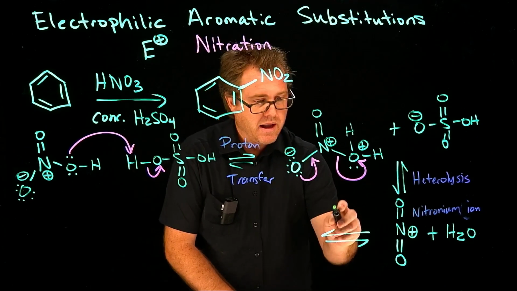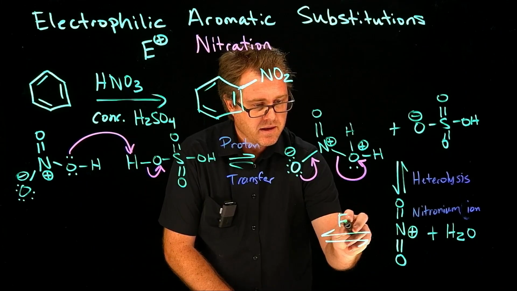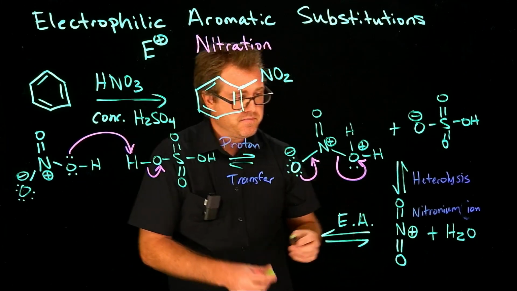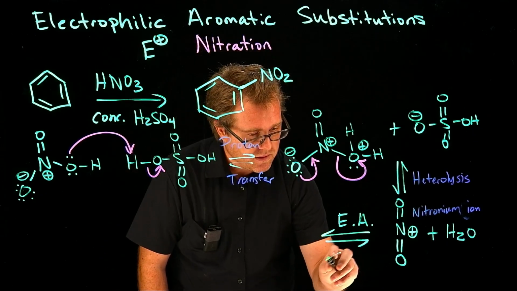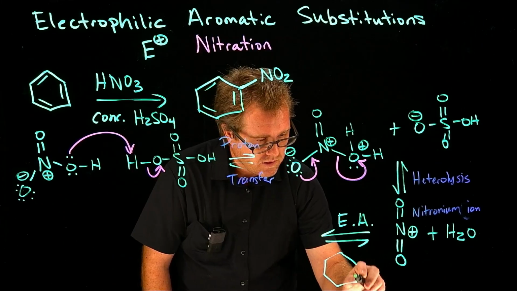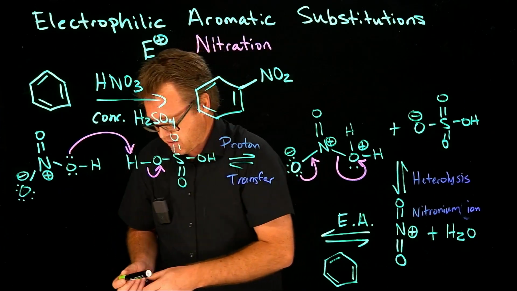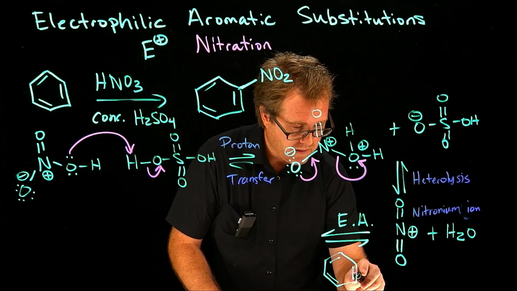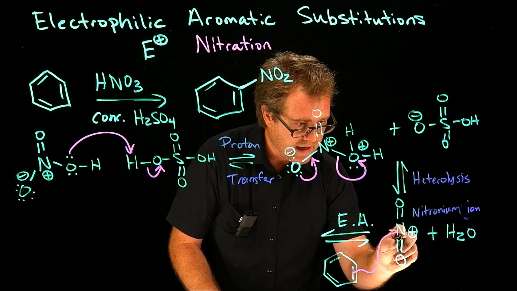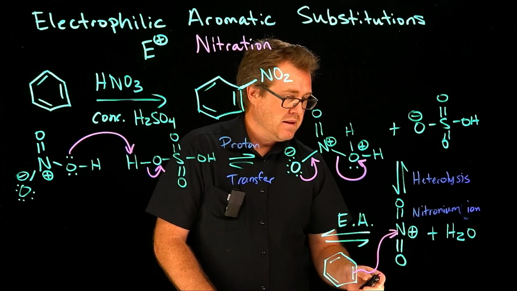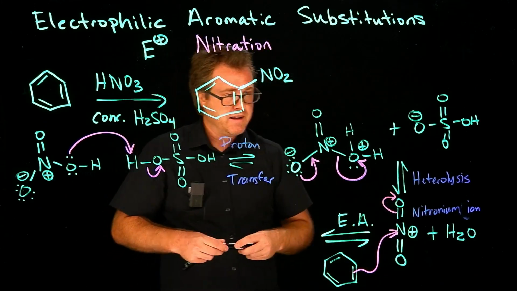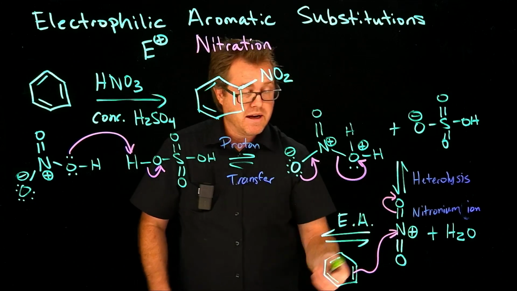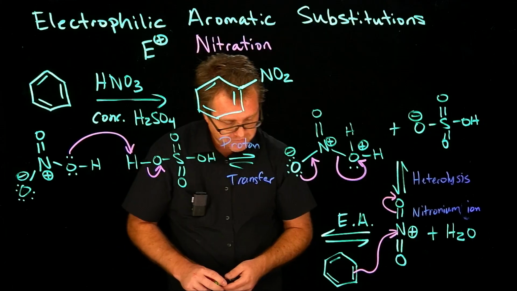So we will do an electrophilic addition step. That is when you take your benzene ring. There's our benzene ring. The pi electrons attack the electrophile, and we have to bring some electrons over there, or we would form a nitrogen that would break its octet.